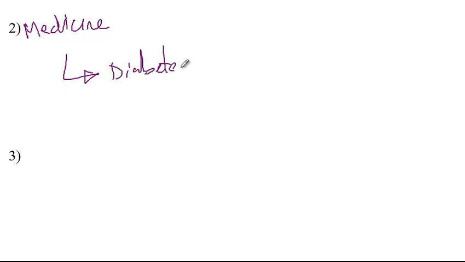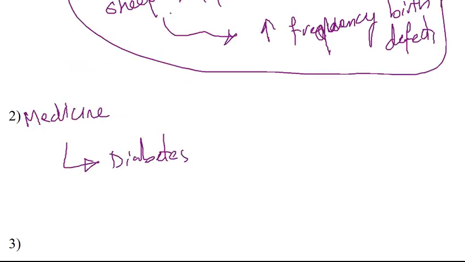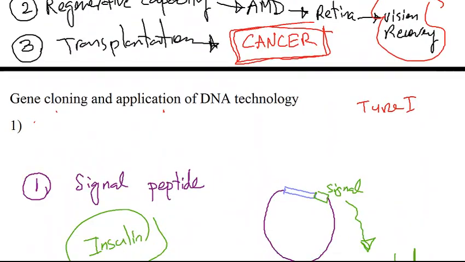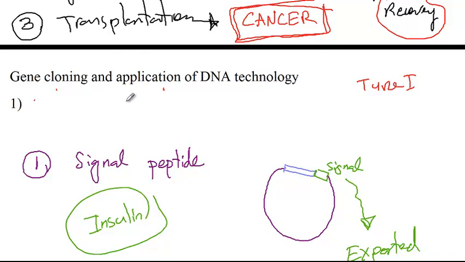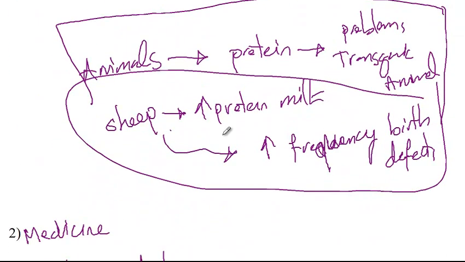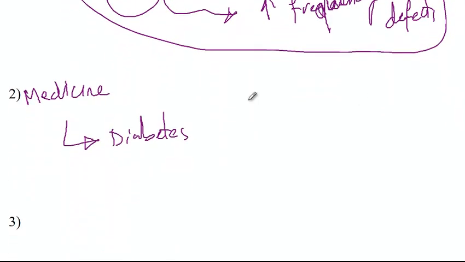So number one, we were talking about gene cloning and application of DNA technology for production of different proteins. This protein could be, for instance, dietary protein we are giving in sheep, or it could be insulin that is used for the treatment of diabetes, and that would have application in medicine.